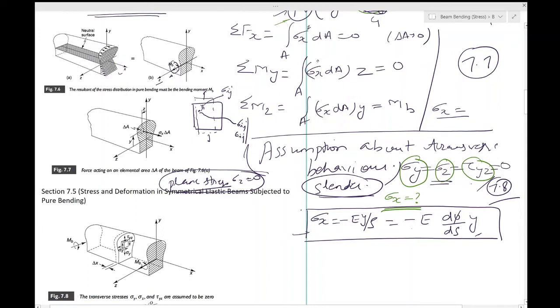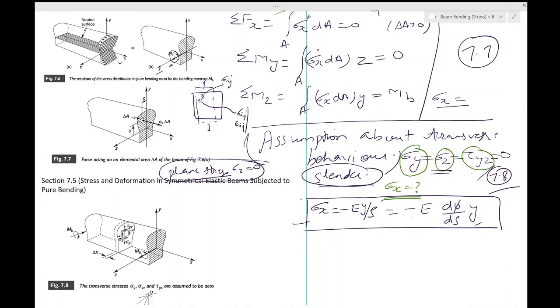So you are easily able to visualize why sigma x will vary like this on this plane. At the neutral surface, y would be 0, and hence sigma x would be 0.